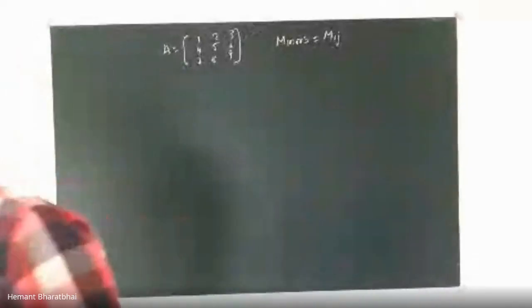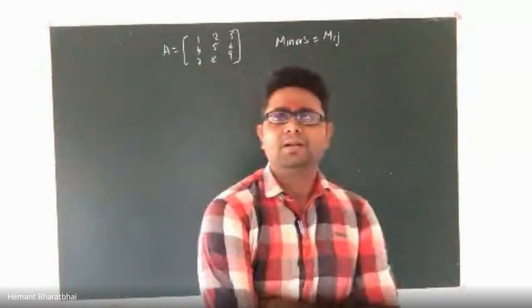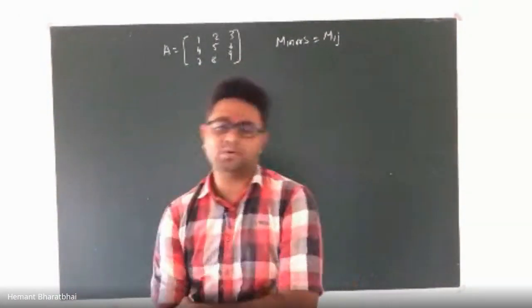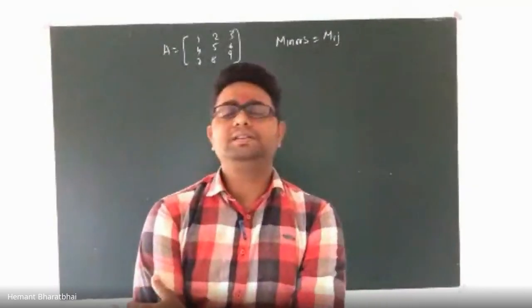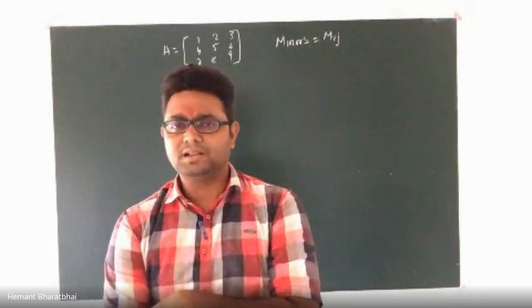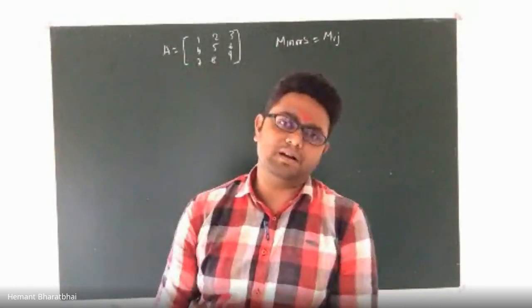So how do you obtain minors? Just the procedure which I did right now. When I found the determinant, whichever element I took, I cancelled that row and that column, and then whatever value I got, that value will be called the minor.